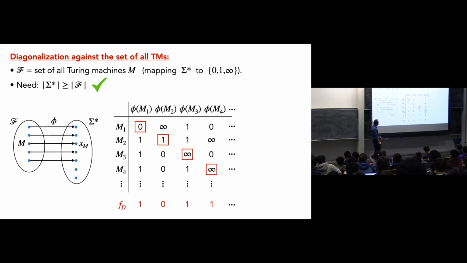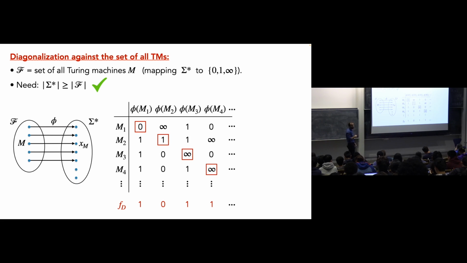The way I'm defining f sub d here is that if I see a 0, I make it a 1, and if it's a 1, I make it a 0. If it's an infinity, it doesn't matter if you make it 0 or 1, but I'm going to make it a 1 for this lecture. So whenever I see an infinity, I make it a 1. Now I have a function that maps these strings to 1 or 0. Now let's come to the condition here.